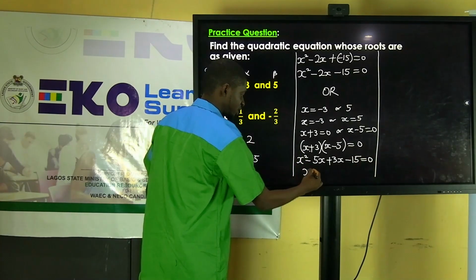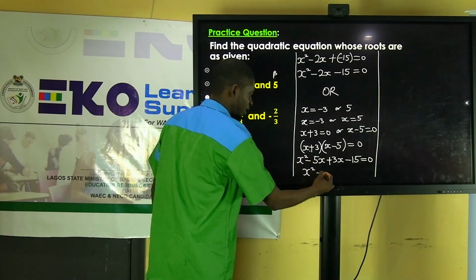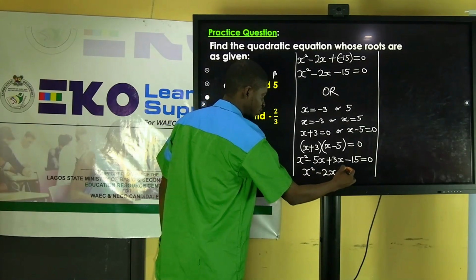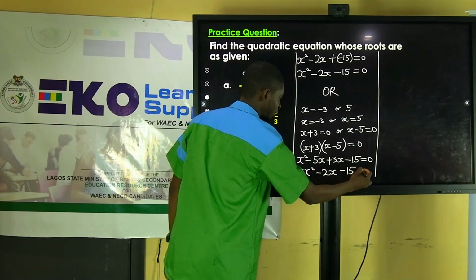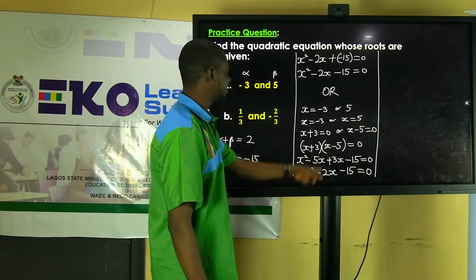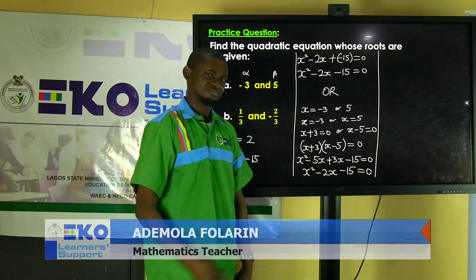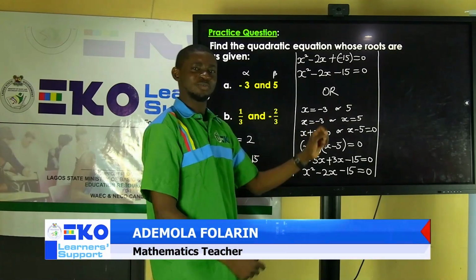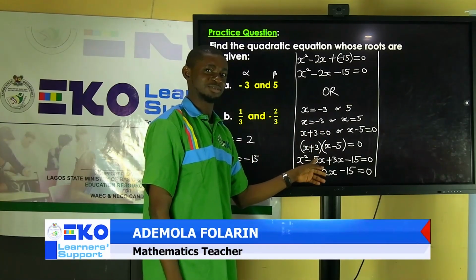So it becomes x squared minus 2x minus 15 equals 0. Maths. So this and this are the same. I'm very sure you may want to find your interest in this second method. No problem.